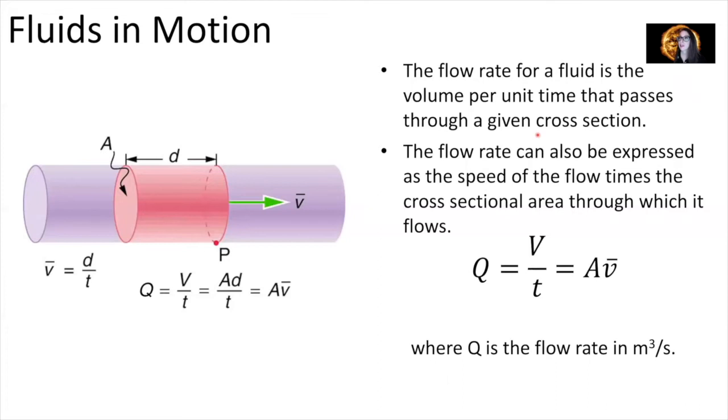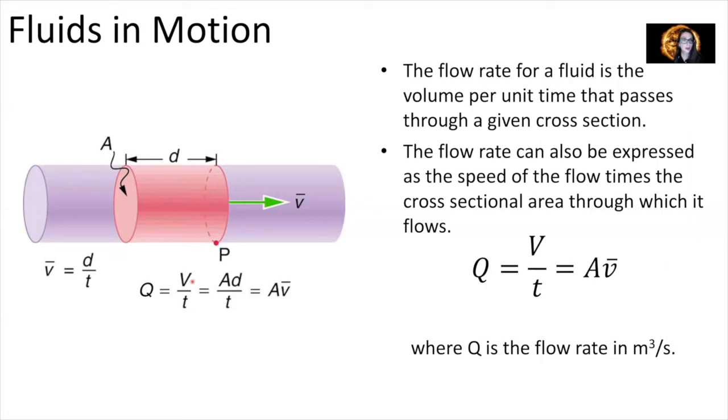Let's talk about flow rate. Flow rate for a fluid is the volume per unit time that passes through a given cross-section. So let's imagine we have a pipe. Here is our cross-section, okay? And so we're going to use Q here to represent our flow rate.